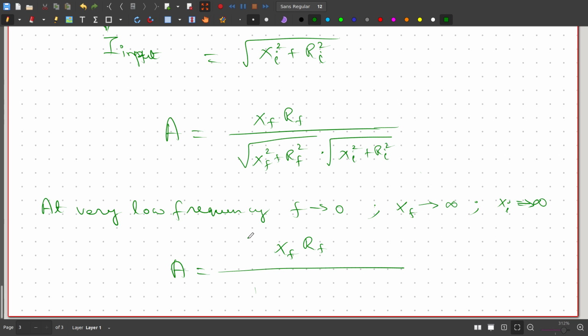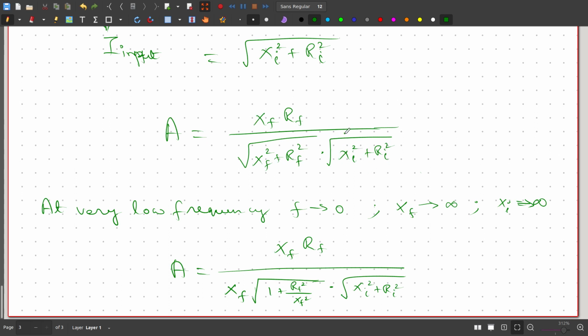So in order to apply these infinities, we have to first find the limit. I am taking this XF outside the square root, therefore we have XF root of 1 plus RF square divided by XF square, right? And here let it be as it is, Xi square plus Ri square. If we now substitute these infinities here, then it becomes indeterminate, because the numerator has an infinity and the denominator also has an infinity.